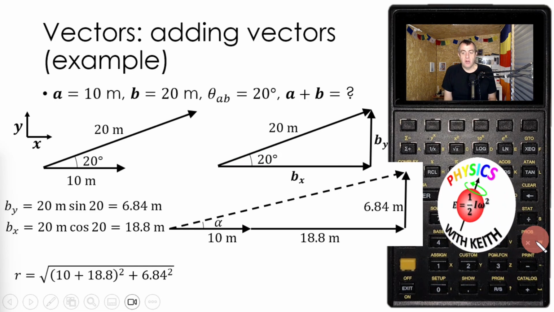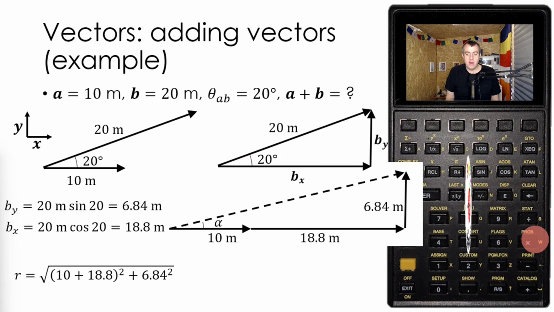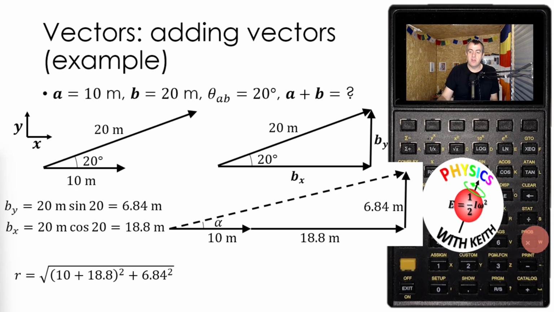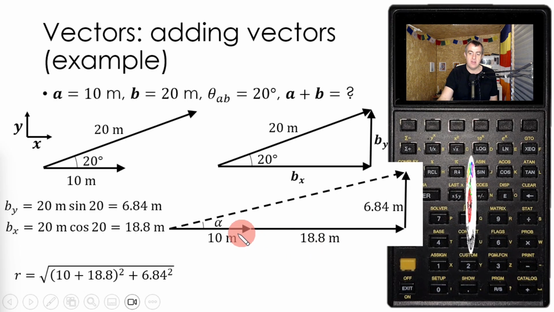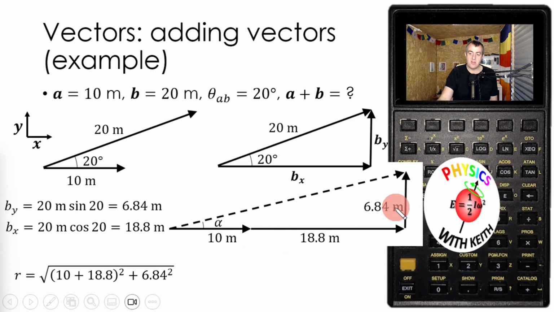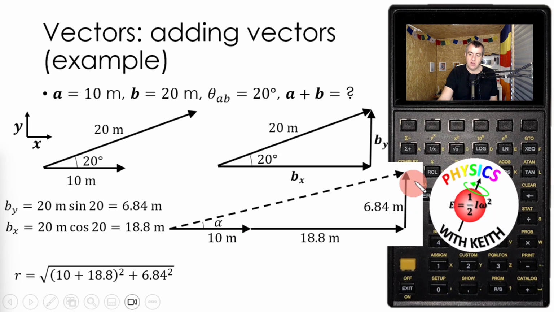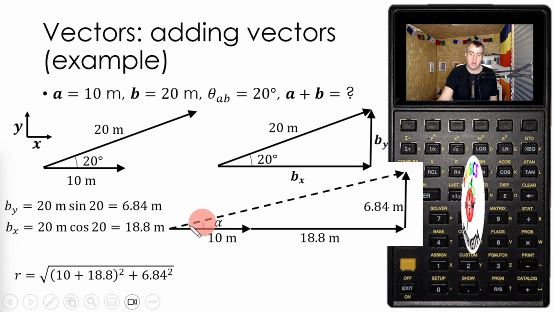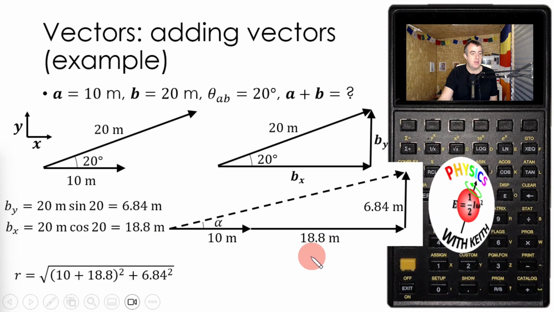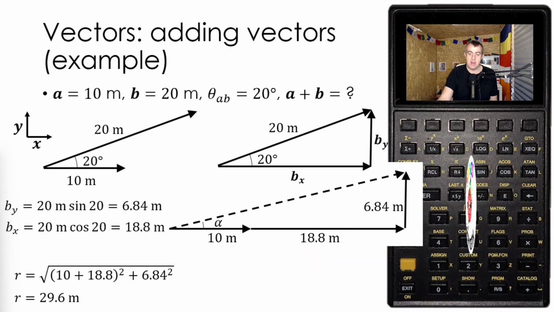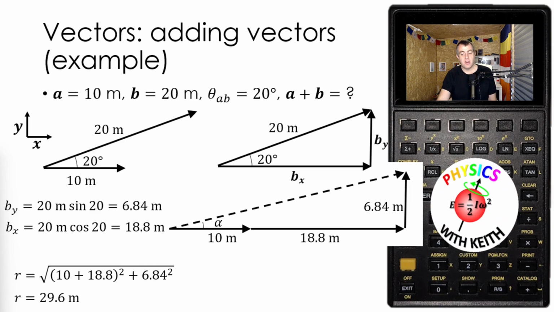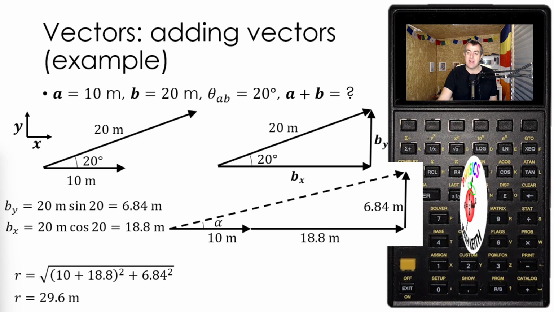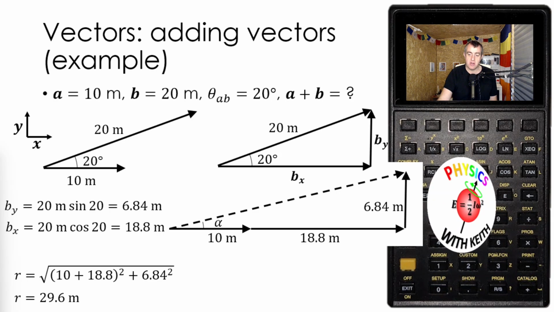Well, the resultant, which here I'm just calling R for simplicity's sake, we're going to use Pythagoras. 10 plus 18.8 all squared plus 6.84 squared all under the square root gives you the magnitude of the resultant. No problem. You do the maths, you get 29.6 meters. The direction, I've chosen to use the Greek letter alpha for the direction of it.